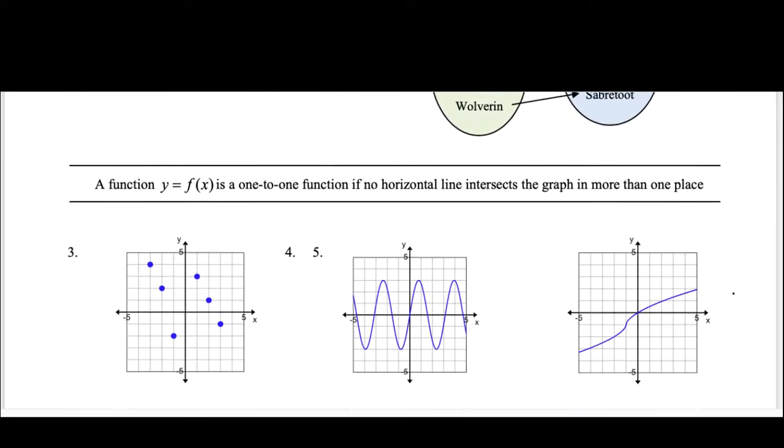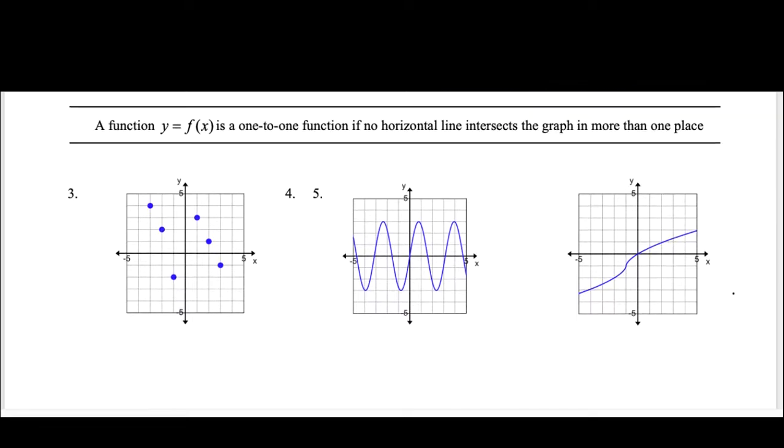Now back when we introduced functions originally, we talked about the vertical line test, where you could look at the graph of a function, and if you could draw a vertical line, and if vertical lines never intersect the graph more than once, then the graph represents a function, right?